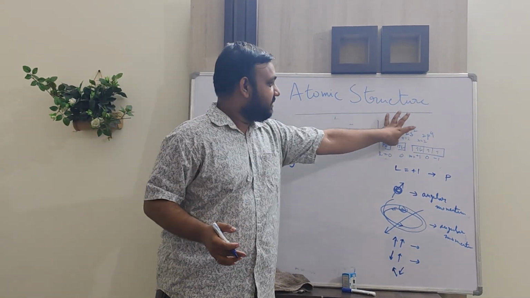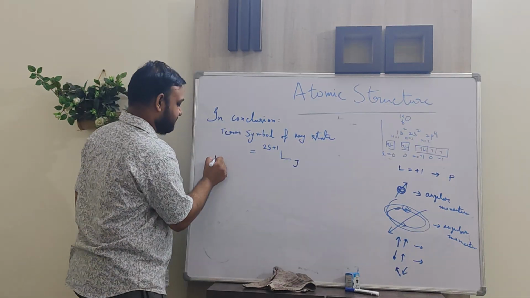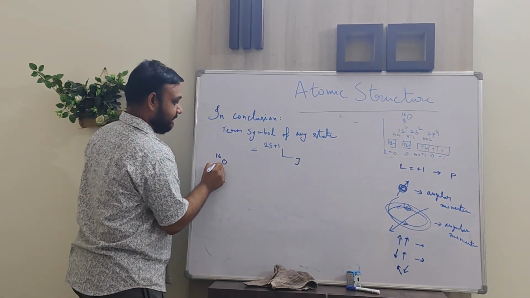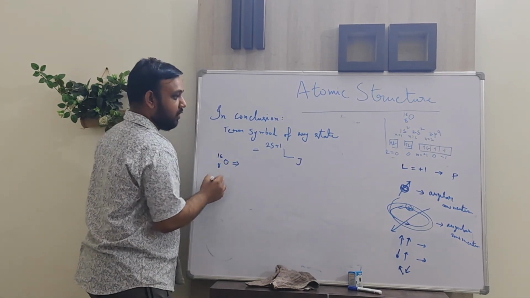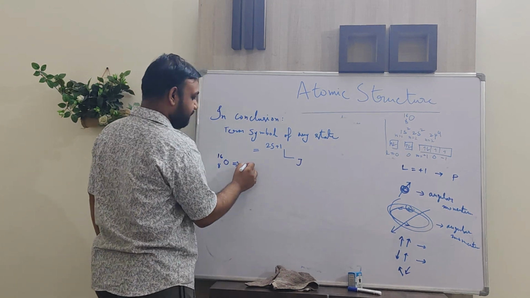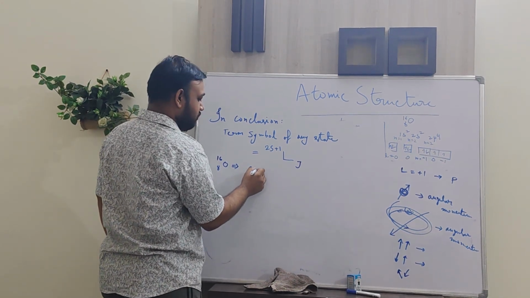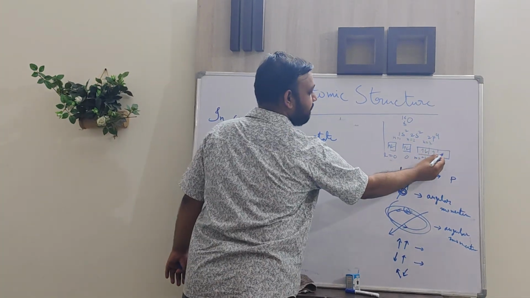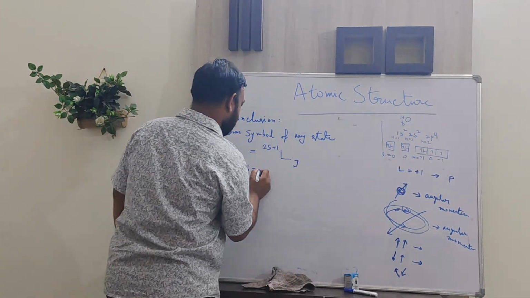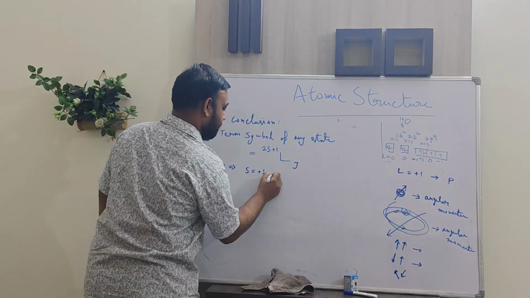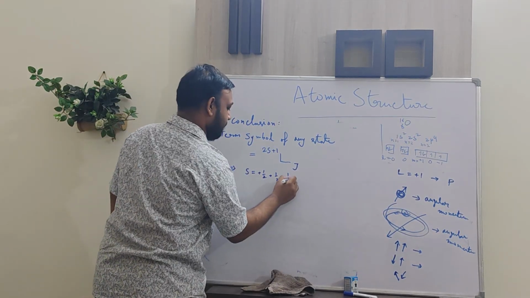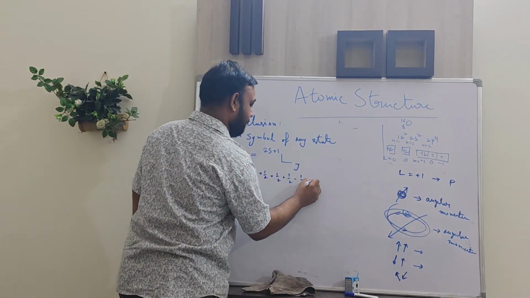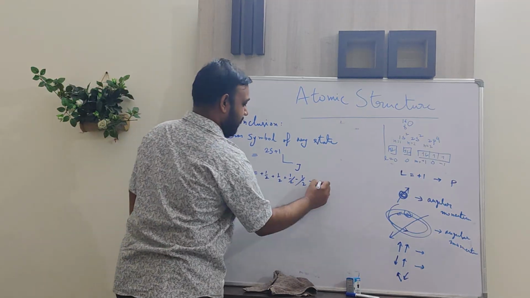Now let's take the previous example which I was discussing, oxygen 8. Here we already know that the total S is plus half, plus half, plus half, and another one is minus half. Plus half, plus half, plus half, minus half is giving 1.